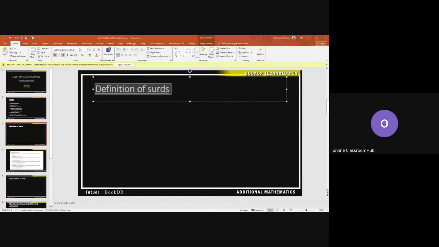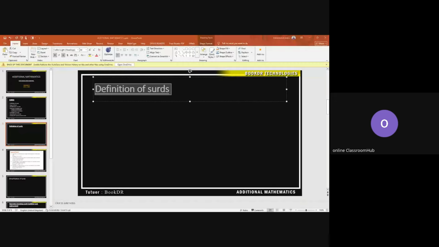Pi is an irrational number, but it's not a surd. So we need more clarification, and that is what my junior brother said. All of you did well. It is the square root of non-perfect squares.